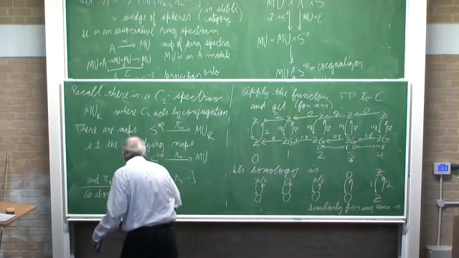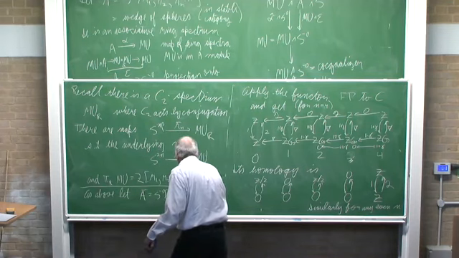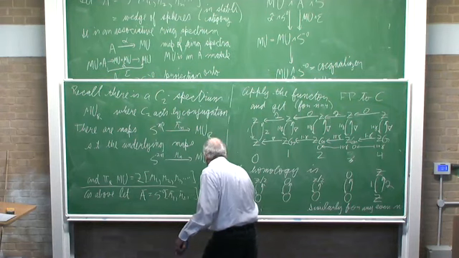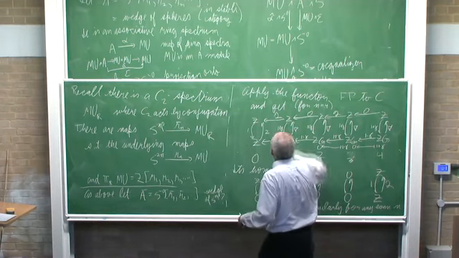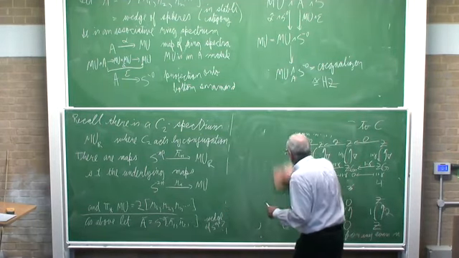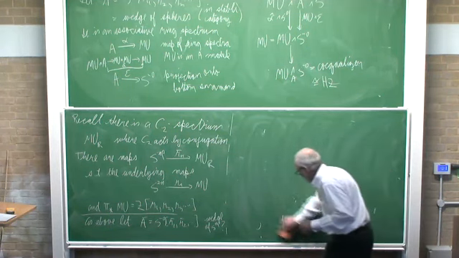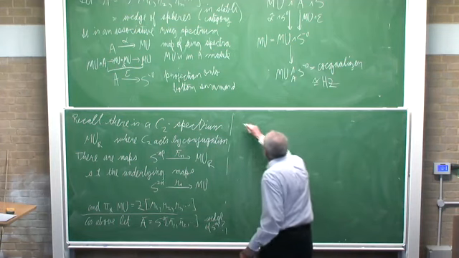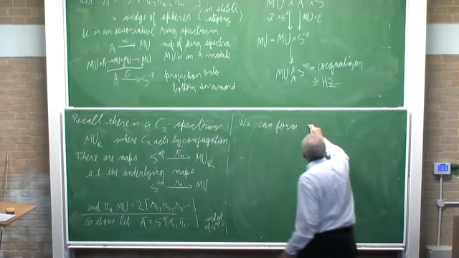So let's say A bar is the polynomial ring on R1 bar, R2 bar, etc. This is a wedge of S^{n rho}'s. You can form a co-equalizer as before.